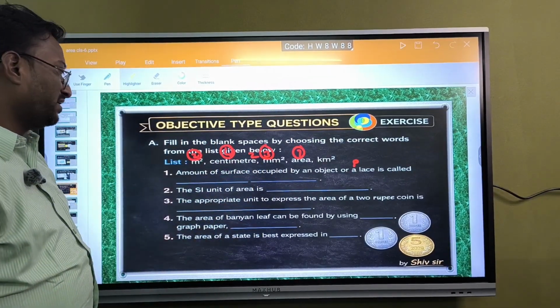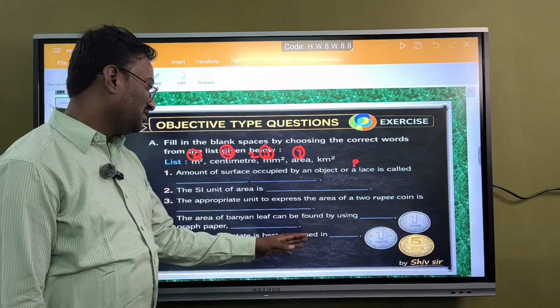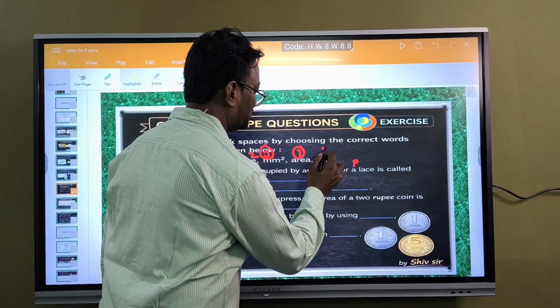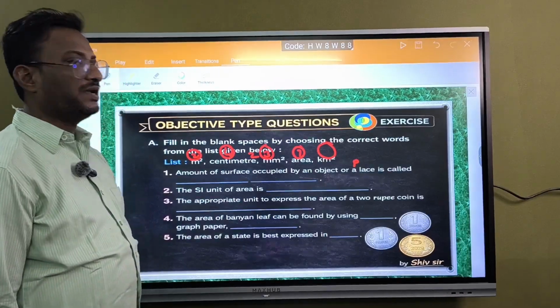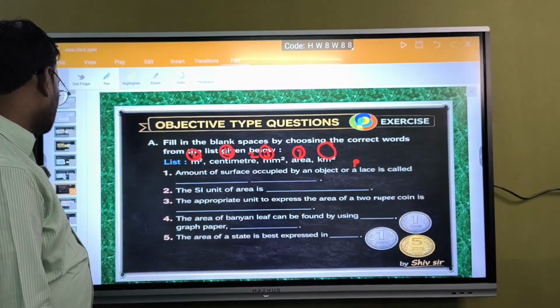And the area of a state can be expressed in kilometers square, square kilometers. Likewise, you can solve this one.